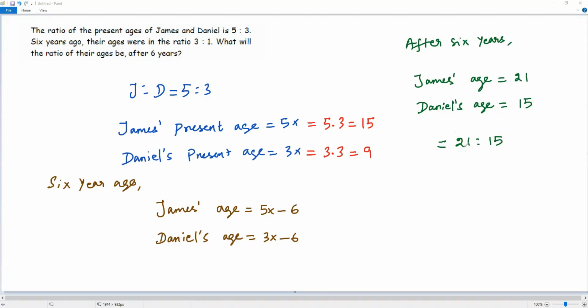Yes, there is a common divisor, that is 3, because both 21 and 15 are multiples of 3. So to simplify this ratio, I divide both the terms of the ratio by 3. When I divide 21 by 3, I'm getting 7. When I divide 15 by 3, I'm getting 5. So the ratio between the ages of James and Daniel after 6 years will be 7 to 5.